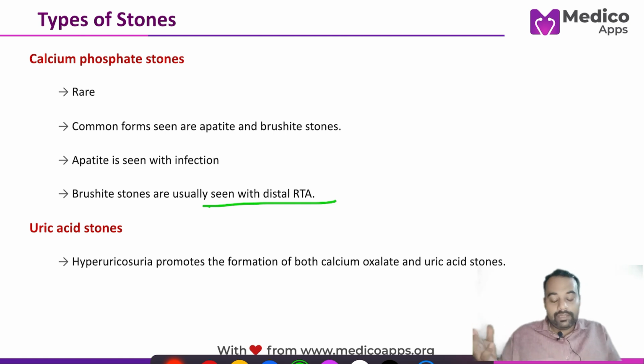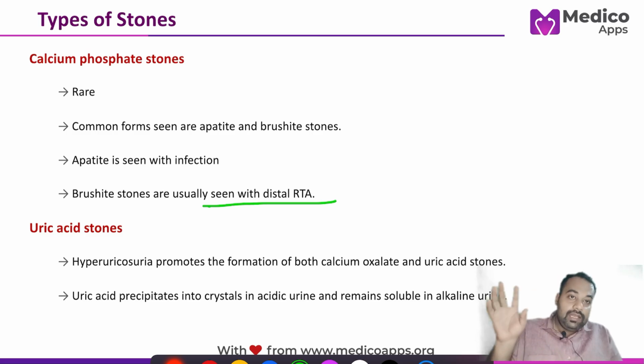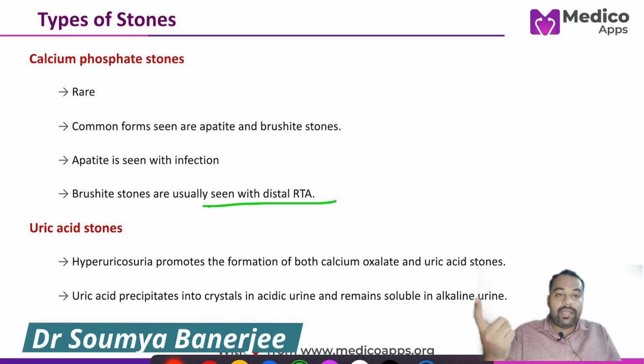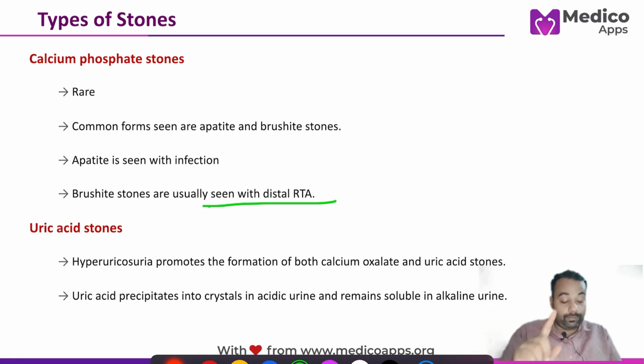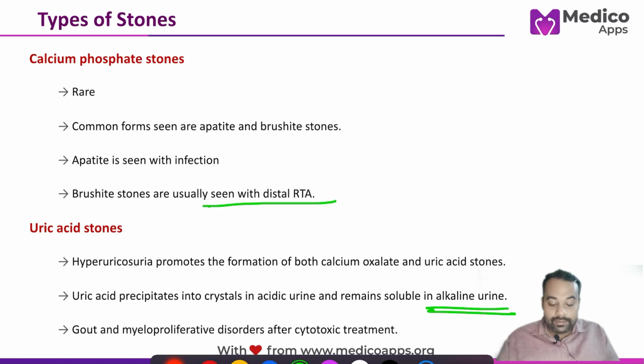That is seen with myeloproliferative disease and some cases of gout. And like I have mentioned, the uric acid crystal can go both ways. As we have seen, in case of acidic urine, it will form the calcium oxalate stone. In case of alkaline urine, it will form the uric acid stone.